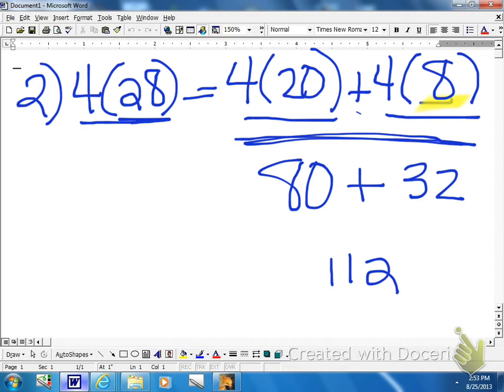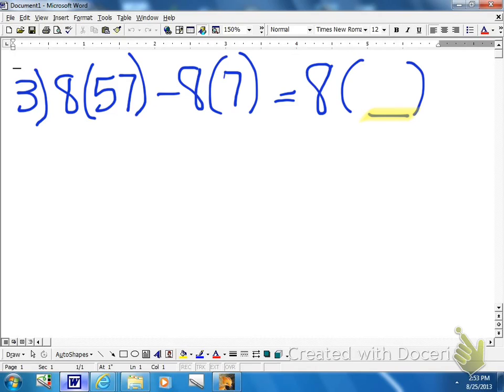All right, let's do number 3. Number 3 has 8 times 57 minus 8 times 7. So what are we really multiplying times 8? There's my equal sign, there's a balance. So what am I really multiplying 8 by? Well, 8 times 57, but don't forget I'm subtracting.